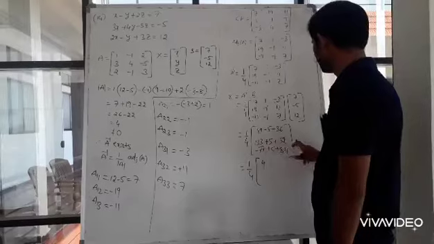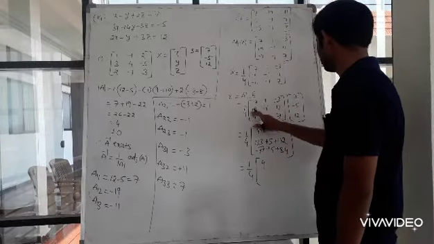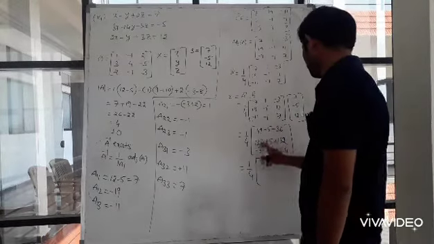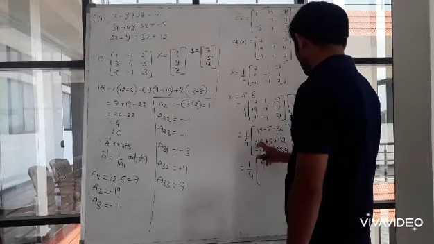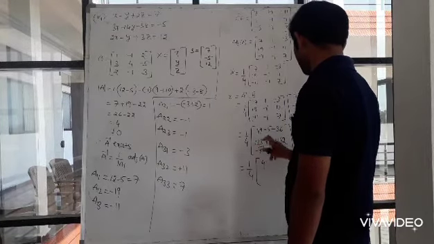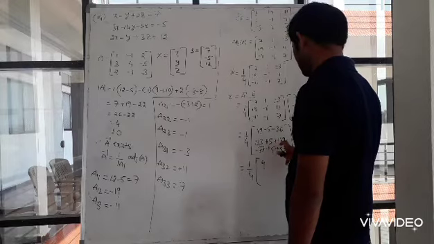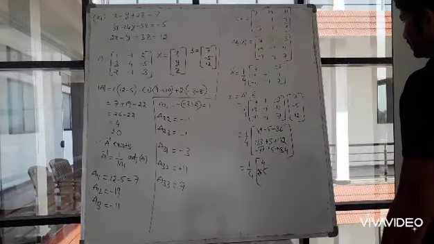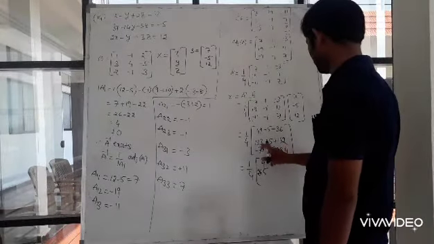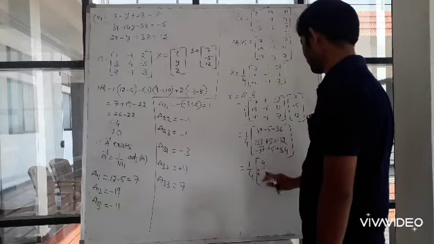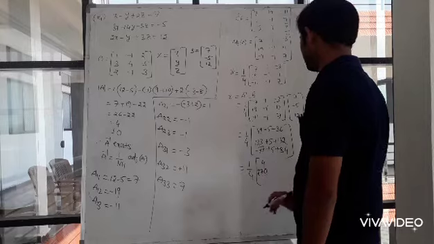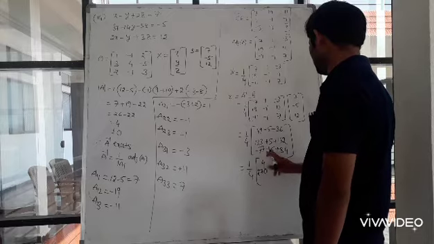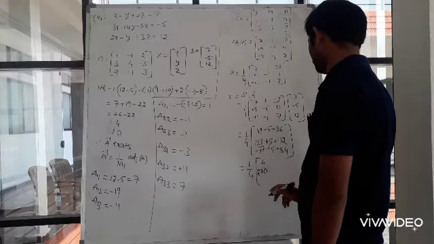Then this is all positive, so once again we check that. 133 plus 132 is 265, plus 5, 270. So 84 minus 77, 7, 7 plus 5, 12.